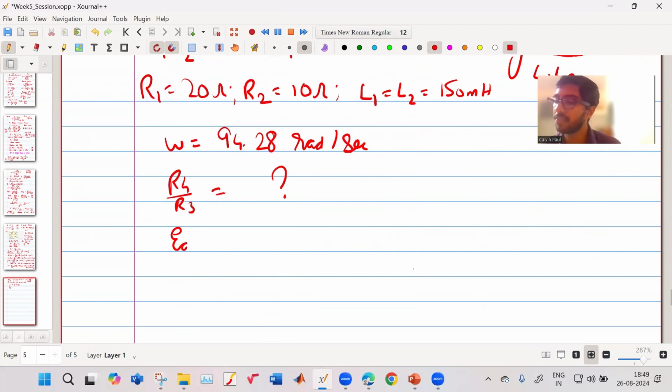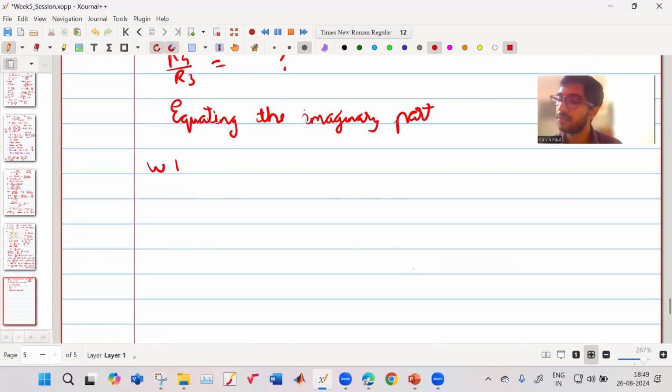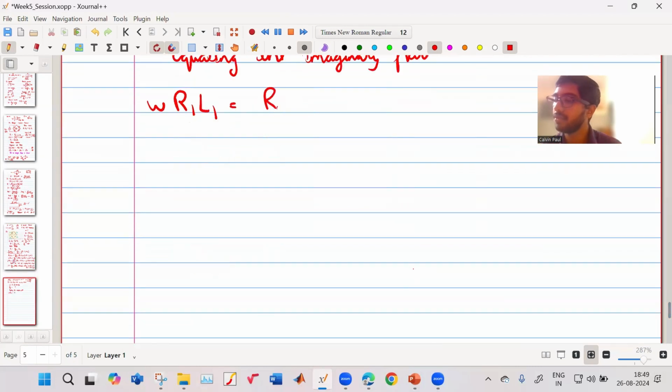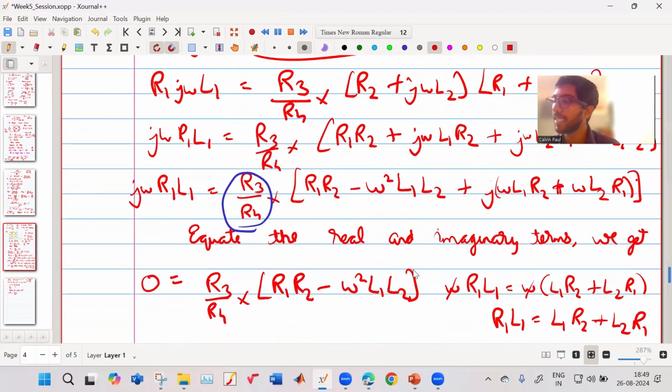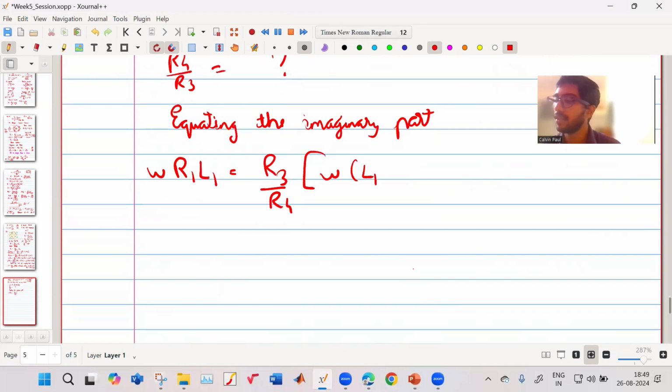So when we are equating the imaginary part, what do we get? Omega R1 L1 is equal to R3 upon R4 into omega L1 R2 plus L2 into R1.